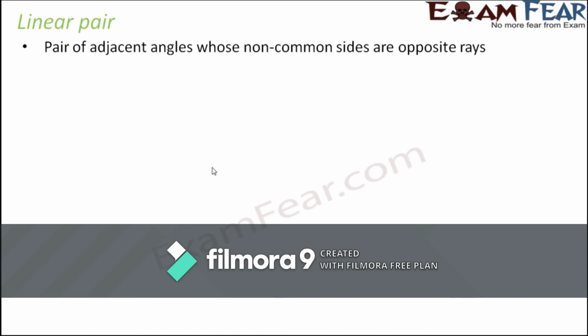Now we all know ray. A ray is that part of a line which extends only in one direction. So the other end is fixed, but this end is extending infinitely. So that's a ray. When we say opposite rays, that means two rays which are extending in opposite directions, somewhat like this. So these are opposite rays.